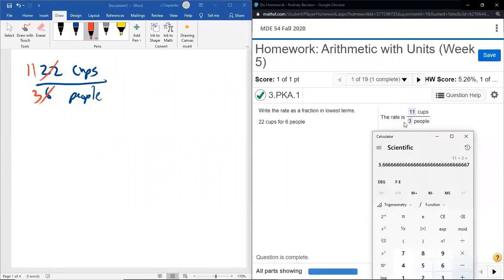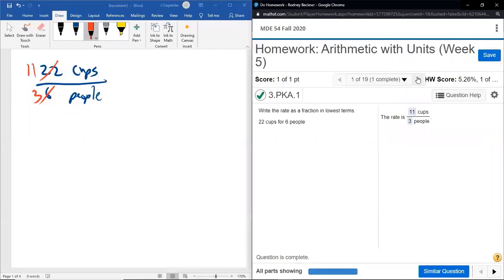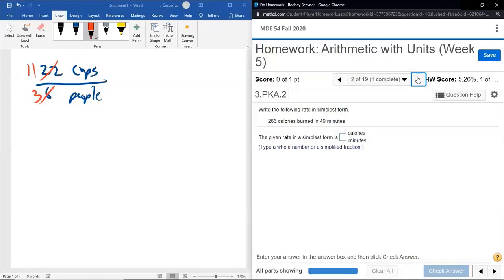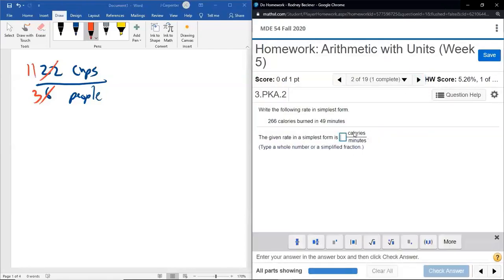When you actually do the division, now you're only talking about one of the thing in the bottom. So that would be 3.67 cups of coffee per person instead of 11 cups for 3 people. It's just a different way of thinking about it. Maybe you want to think about it as per single person. Maybe you want to think about it in just groups of 3s. It depends on the context of the problem.